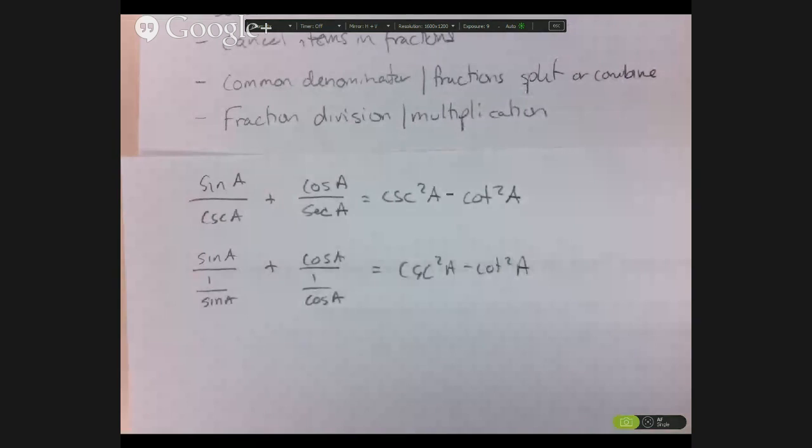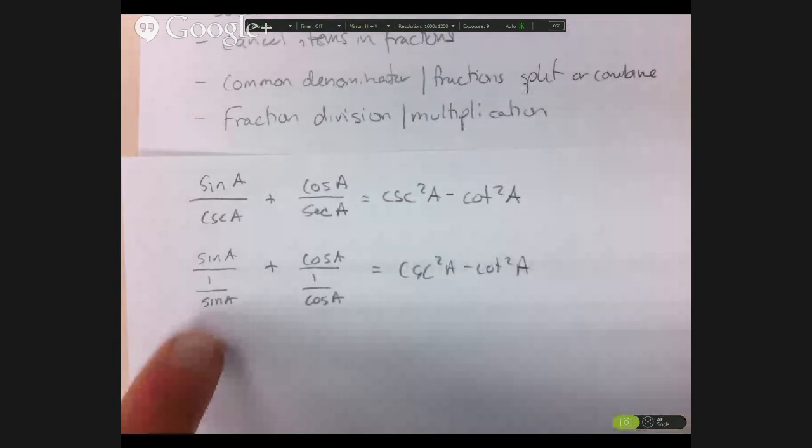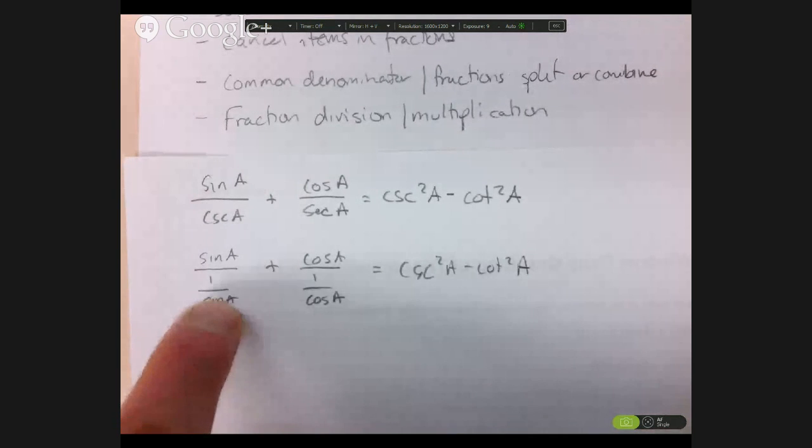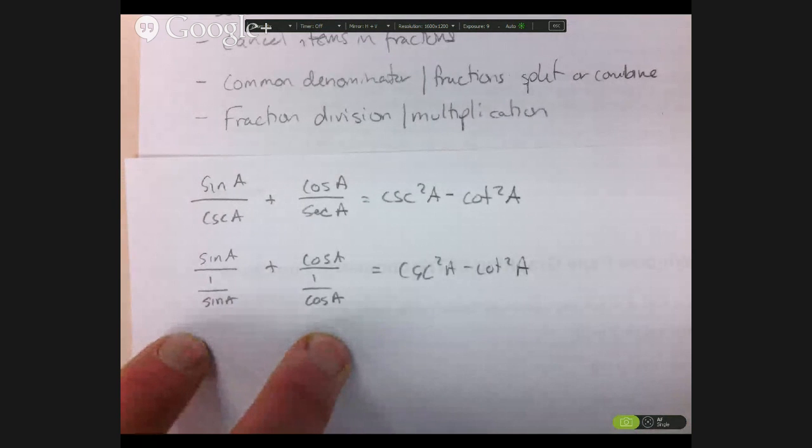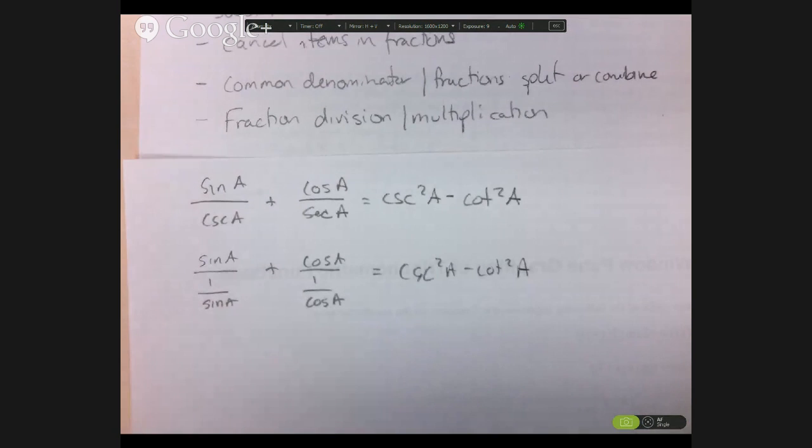So I've substituted identities, cosecant is 1 over sine, secant is 1 over cosine. What can I do to simplify those? We cannot cancel yet. Okay, so it's a temptation to try to cancel sine and sine there, right?